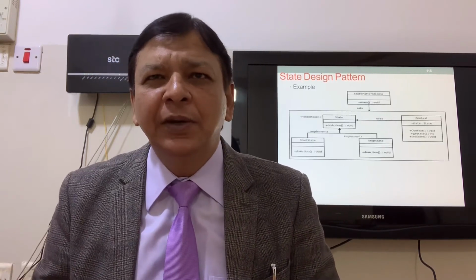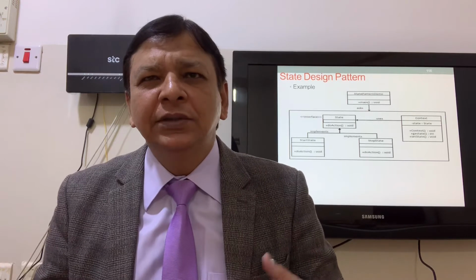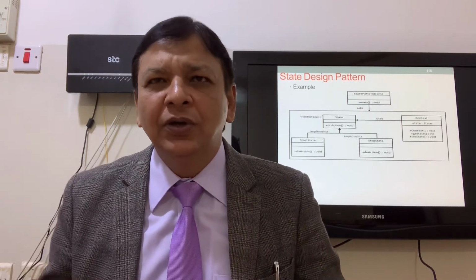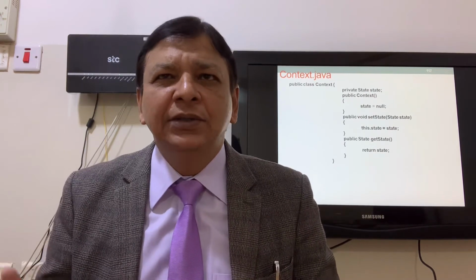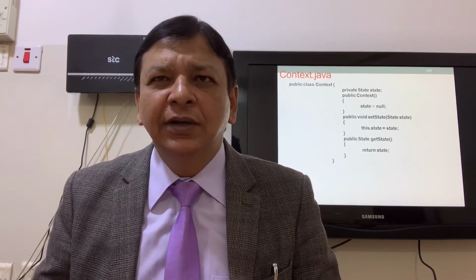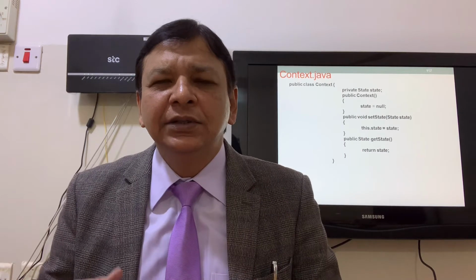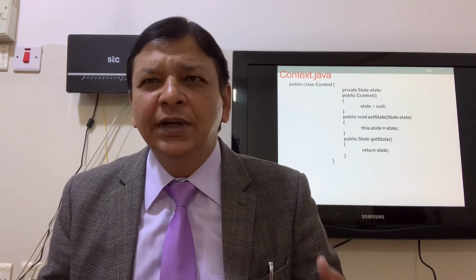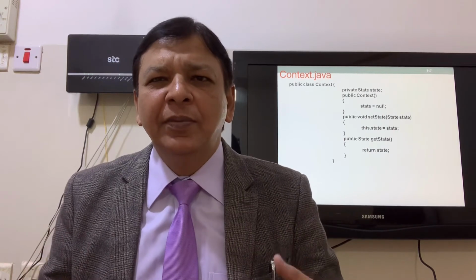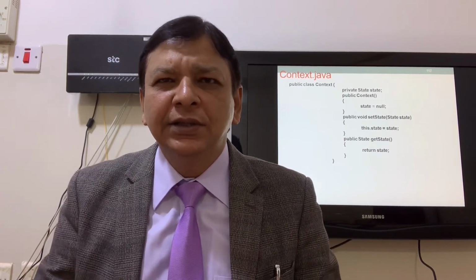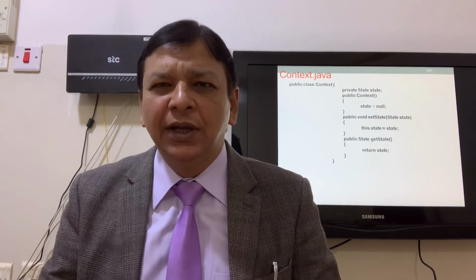Example 2 of the state pattern. We have Context, State, StartState, StopState, and we have the main. Context.java: public class Context, private State state. In the public Context constructor, state is equal to null. Public void setState(State state), this.state = state. Public State getState, return state, close the method, close the class.